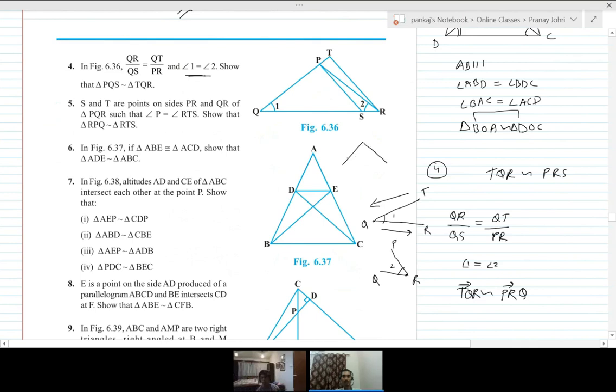So now we'll compare PQS and PRQ. PR is equal to PQ, that's what I'm going to use. If you compare PQS and PRQ, angle 1 is equal to angle 2 and PR is equal to PQ.